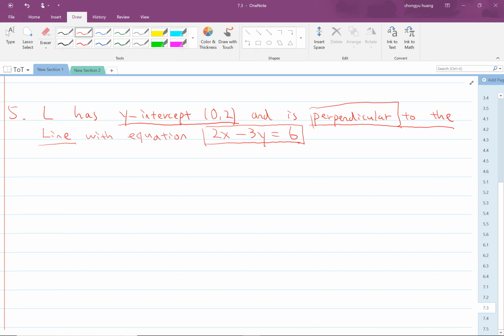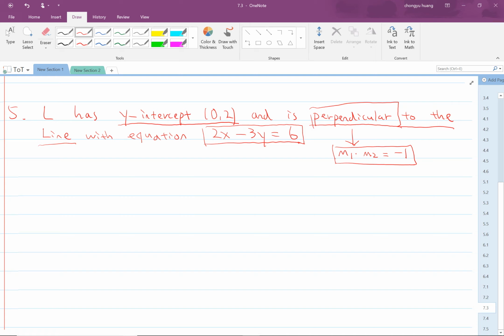The step over here is we need to find the slope. For perpendicular lines, the slope of line 1 times the slope of line 2 is equal to -1. This is the thing we have to use.